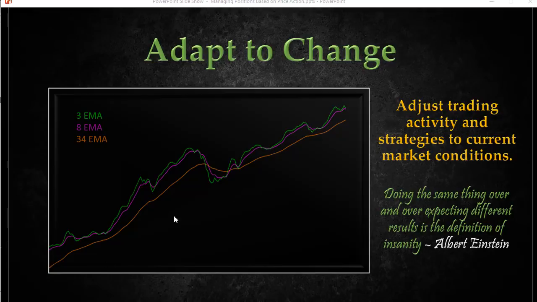When you see a trend like this, this is the Dow Jones Industrial Average at one point in time, you need to be trading. You need to be active in the market, working hard to find those good quality trades and following that trend. But you need to adjust if the market changes.